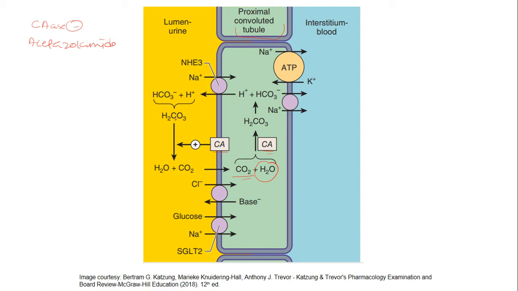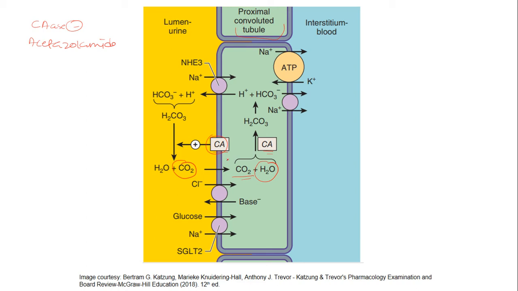whereas in the lumen, this carbonic anhydrase is responsible for dehydration, thereby providing the carbon dioxide which will diffuse back into the tubular cell and combine with water to form bicarbonate. So what happens when you block these two activities?